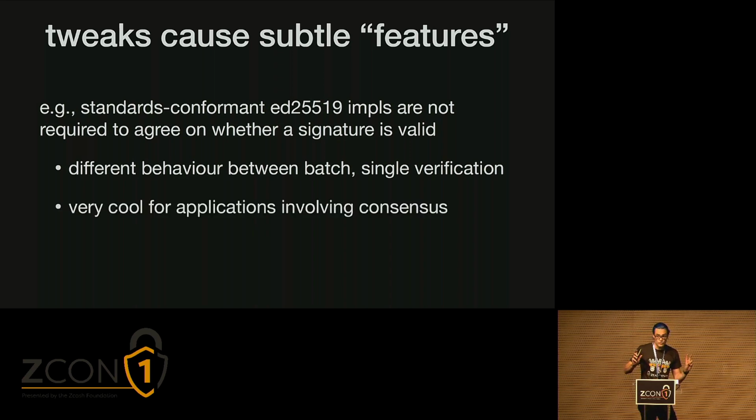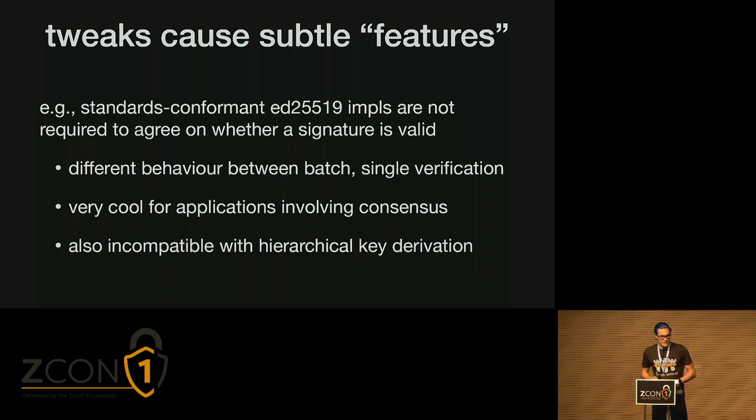So that's very cool if you have applications involving consensus. And also because the protocol has these tweaks to try to improve security, those are incompatible with the normal way to do hierarchical key derivation. So now if you want that feature, it becomes even more complicated.